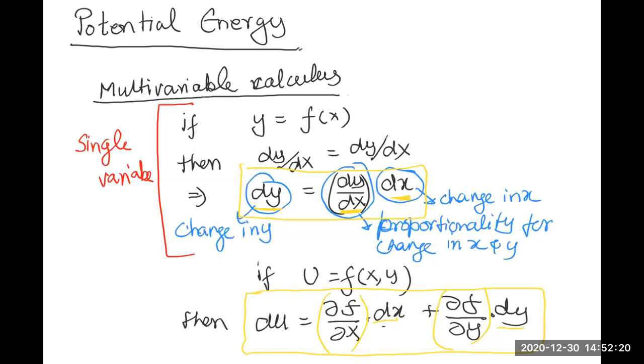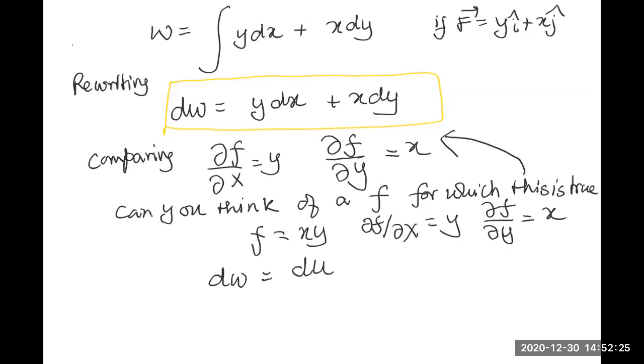So I have assumed that this whole quantity, यहाँ पे बेसिकली लिखा हुआ है del f by del x, यहाँ पे लिखा हुआ है del f by del y. So dw is equal to du is equal to dxy, because you have just told me the value of f is xy.